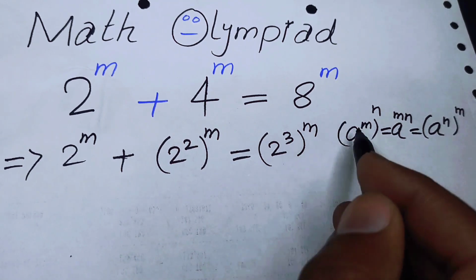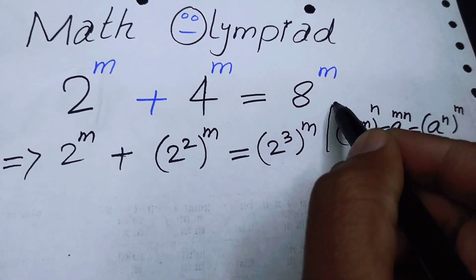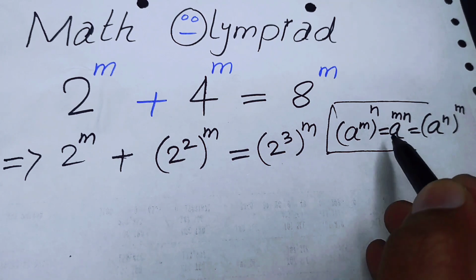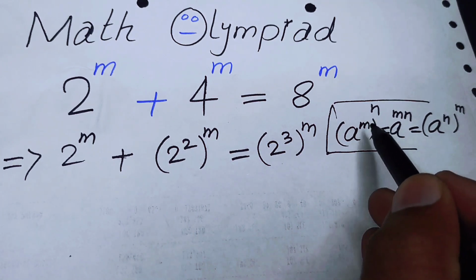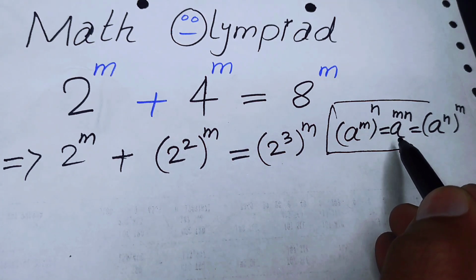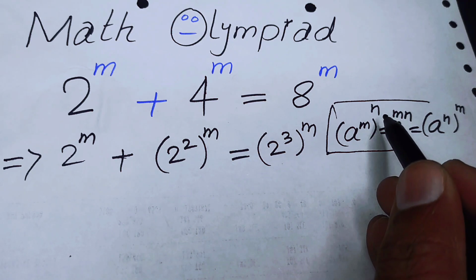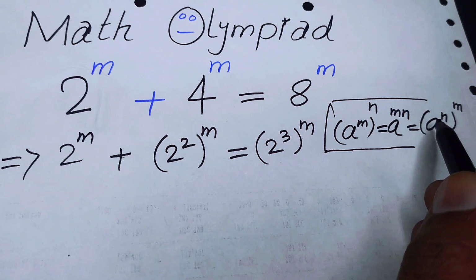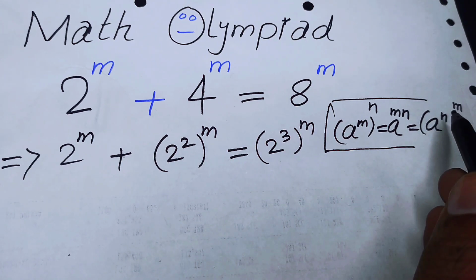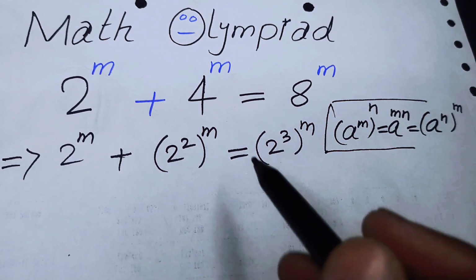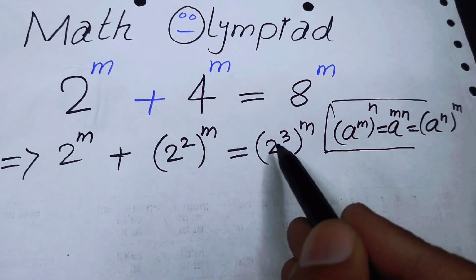It simply means that we can just interchange its exponents, and we will obtain the same answer. If you have a to the power of m to the power of n, you can write it as a to the power of n to the power of m. So we can just interchange the exponents in both of the terms.